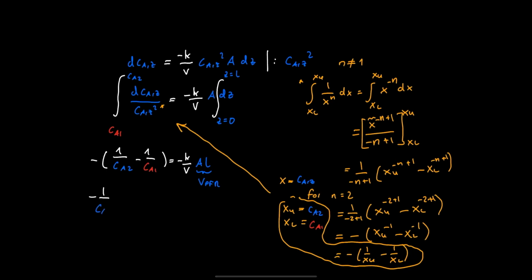So negative 1 divided by CA2, and minus and minus are positive, so plus 1 divided by CA1 is equal to negative K times the volume of our plug flow reactor divided by the volumetric flow rate V. And we know both of these terms, VPFR and V, and we will just summarize it as tau PFR, which is the mean residence time.